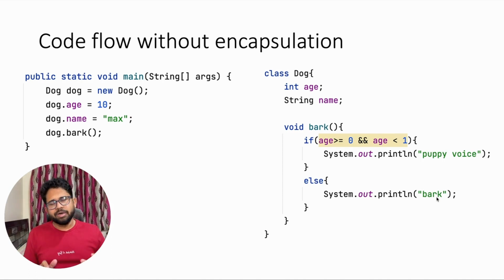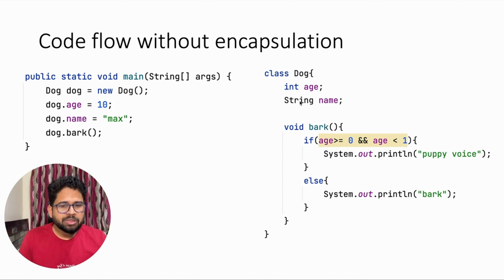However, in the real world, when you are working on big projects, what is going to happen? Would your code look as simple as this? Would the author of the class Dog and the author of this main method be the same?